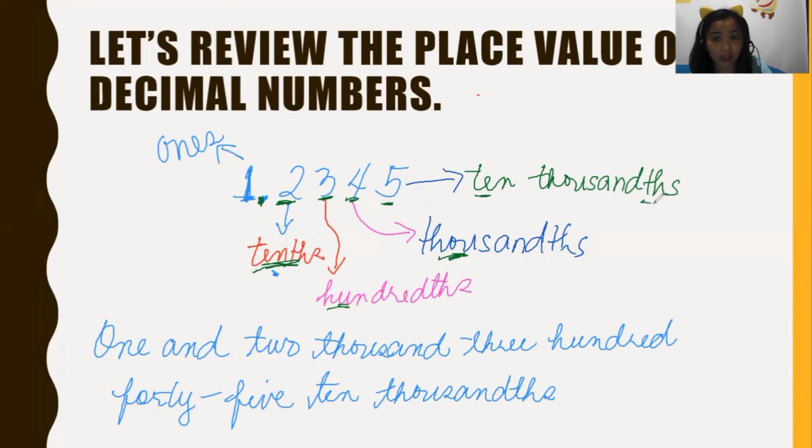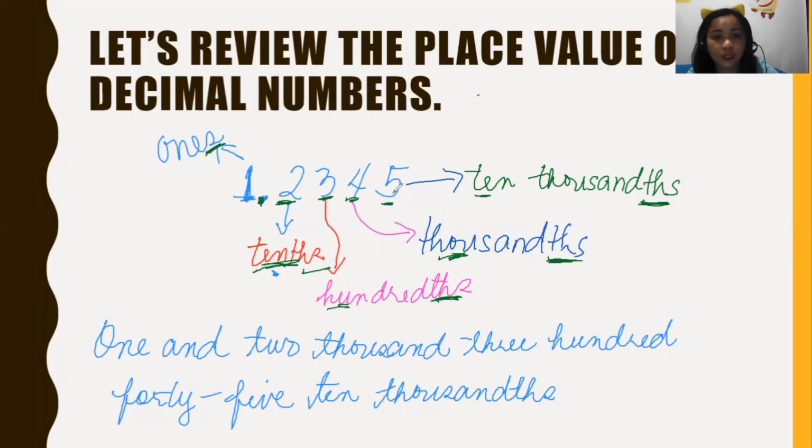So, kung mapapansin nyo, pag decimal numbers, ang place value niya ay may TH or THS sa dulo. Kapag whole number, may S lang. So, here is how to recall the place value of the decimal number.